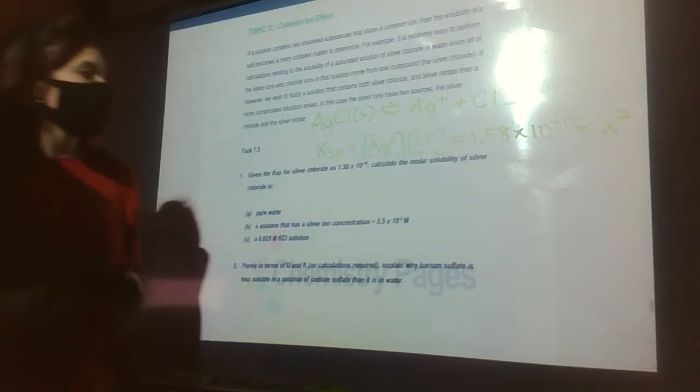And to find x, I take the square root, which is 1.26 times 10 to the negative 5th moles per liter.